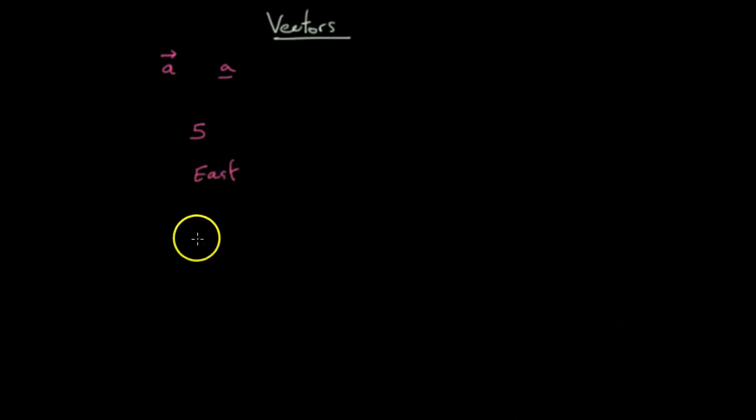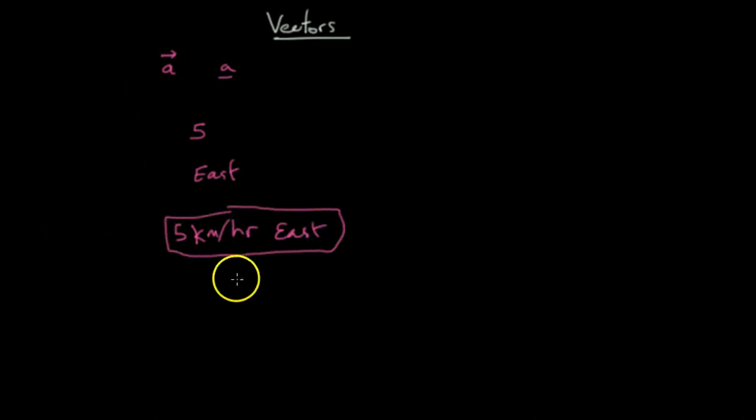But if somebody tells you, hey, I am going at 5 kilometers per hour in a direction of east, now this whole packet of information is a vector. And it can be represented in a more effective, faster way with column form and horizontal form once you've defined what you mean by those directions.